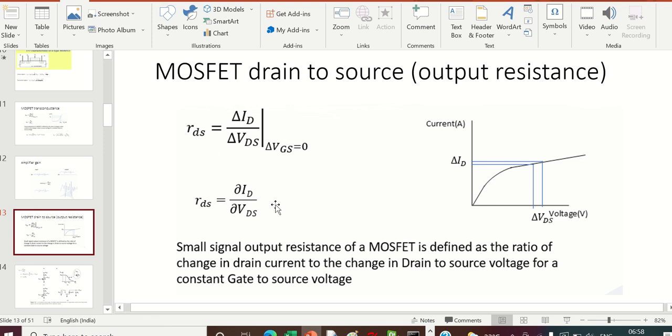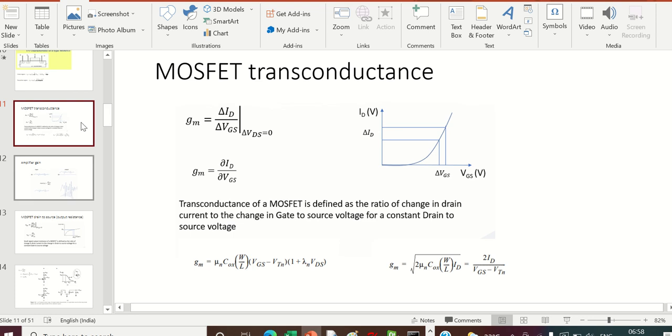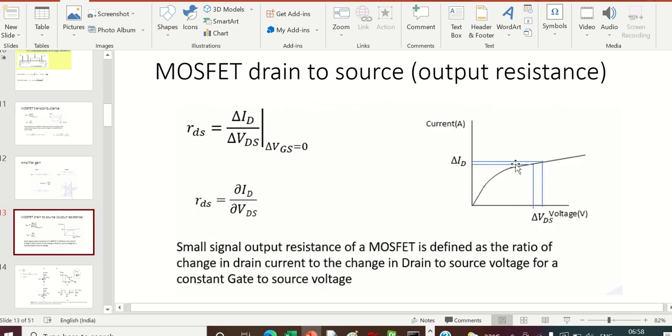But because of channel length modulation, whatever I told here, this lambda, this resistance will not be infinite. There will be some slope, and there will be some resistance which will be present. That is called the intrinsic impedance of your transistor.